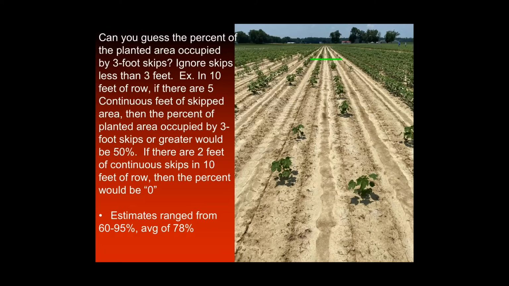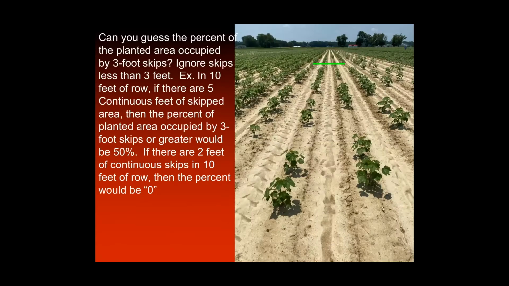The average across all of those experts was 78%. The actual measured area was 89%. So you can see there's some variance between actual manual measurements and visual estimations, even amongst our experts.